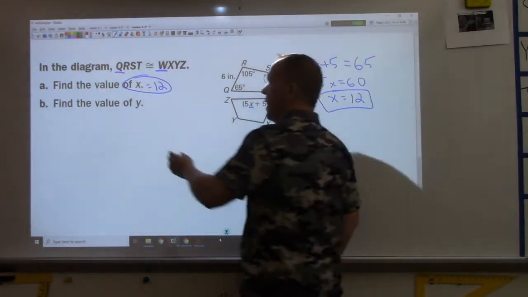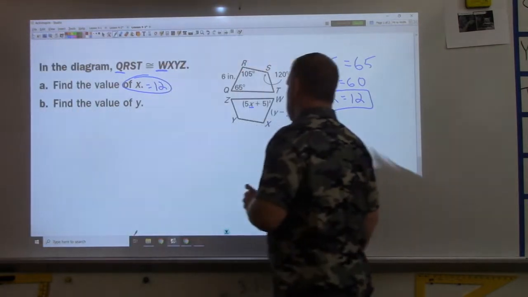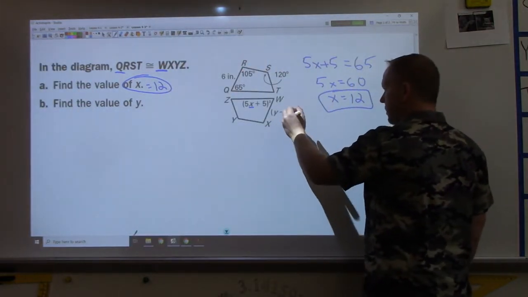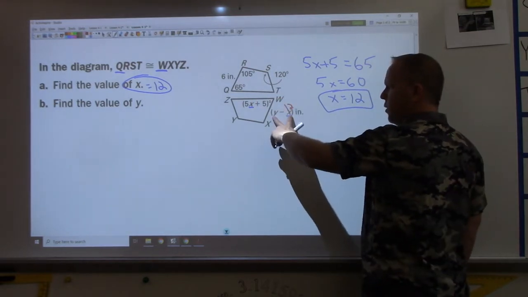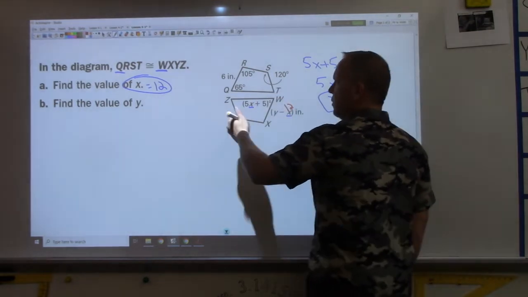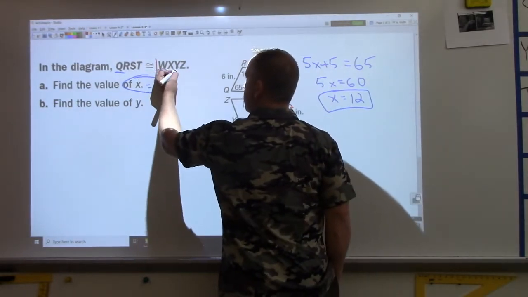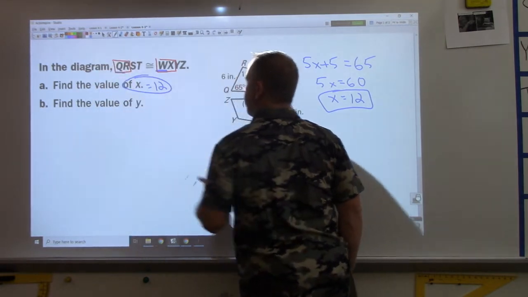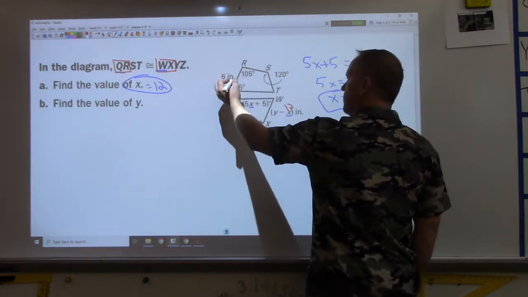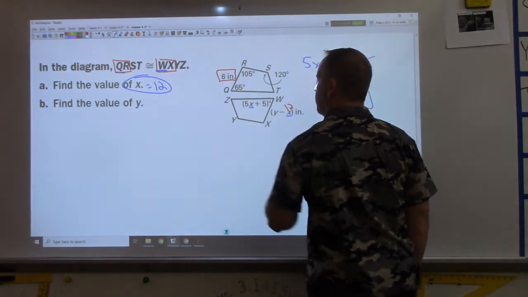Now I can solve for y. Because I know x is 12, so I'm going to put a 12 in here for this x. So WX is actually y minus 12 now. Well, WX, again, look at the letters. WX, first two letters, corresponds to QR. QR is 6 inches.